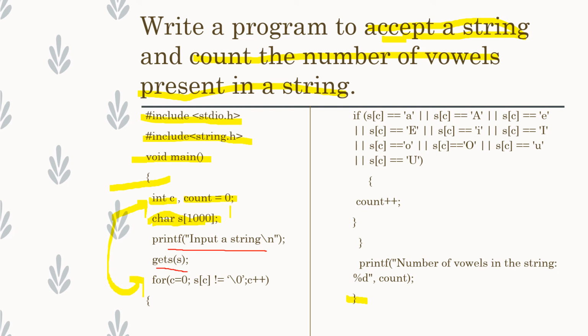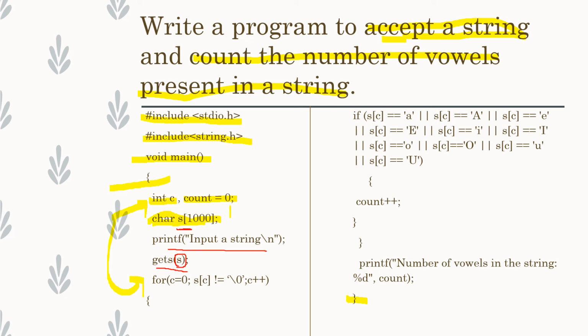I can use scanf also, or fgets also, but there is a limitation in scanf that it terminates the letters which come after your blank space. So to avoid that, we have taken gets. You can use fgets also. After taking your string in this variable s, because I have mentioned gets(s) in brackets, this array will hold whatever string I'm inputting.